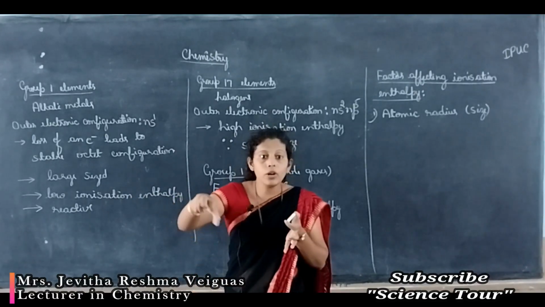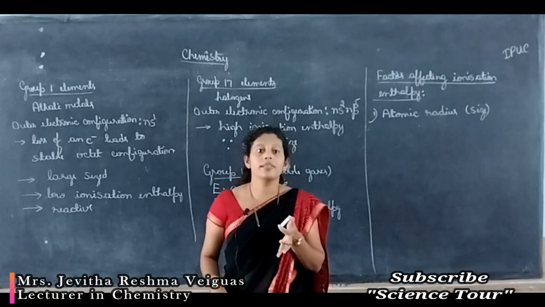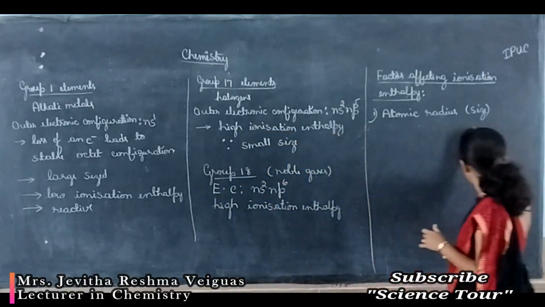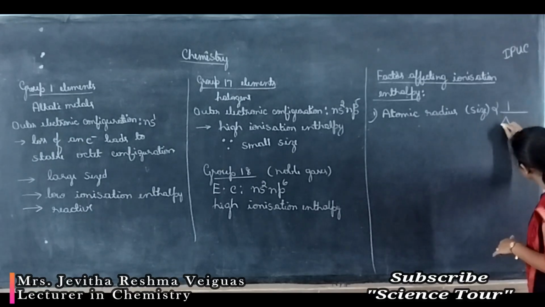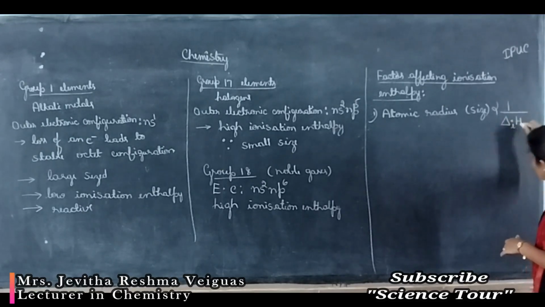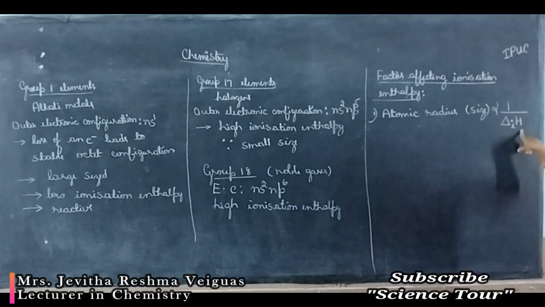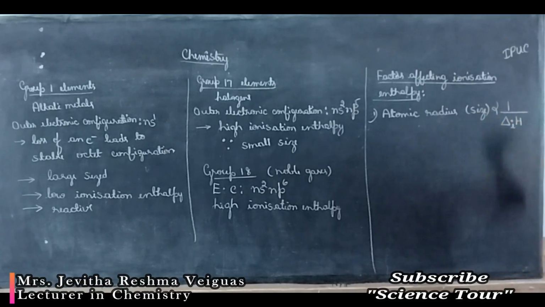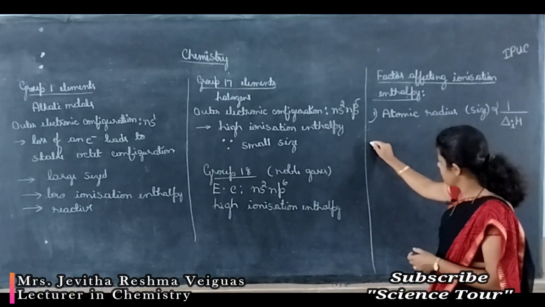So, removal of an electron becomes easy. This means the ionization enthalpy value is less. So, what we can say is atomic size and ionization enthalpy are inversely proportional. Large radius, small ionization enthalpy. Small atomic radius, large ionization enthalpy. So, this is factor number 1 which affects the ionization enthalpy.